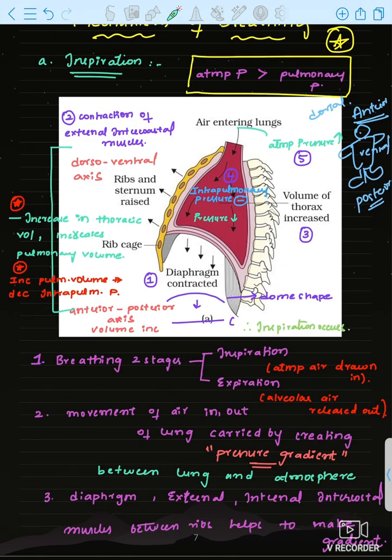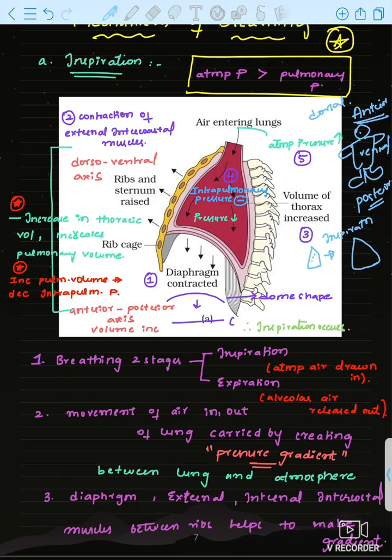Volume of the thorax is increased, which means, as I told you, whatever happens in the thoracic cavity will influence the pulmonary volume. Thoracic volume increased, so pulmonary volume also increased, more than before. See, I will just explain. After inspiration, the lung volume is increased because thoracic volume is increased.